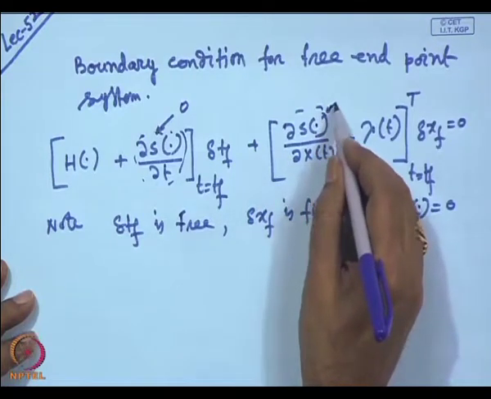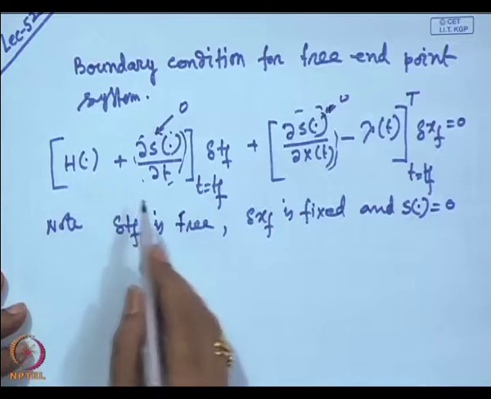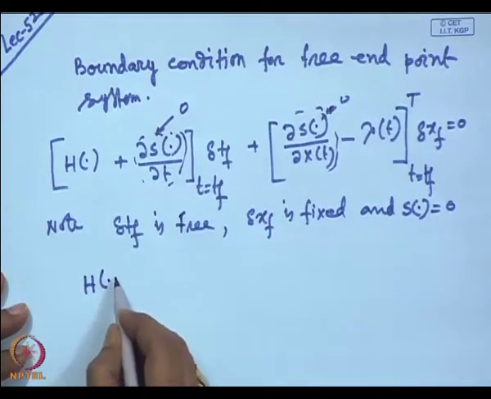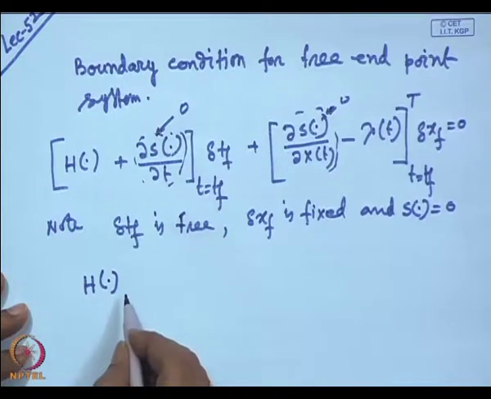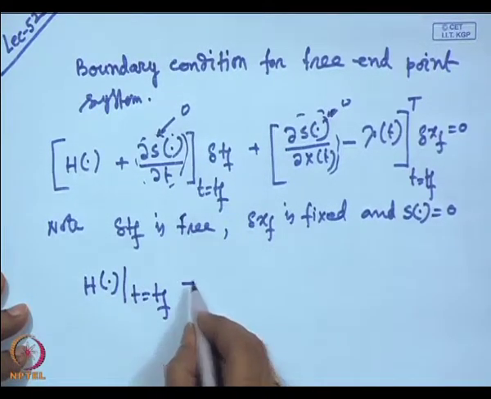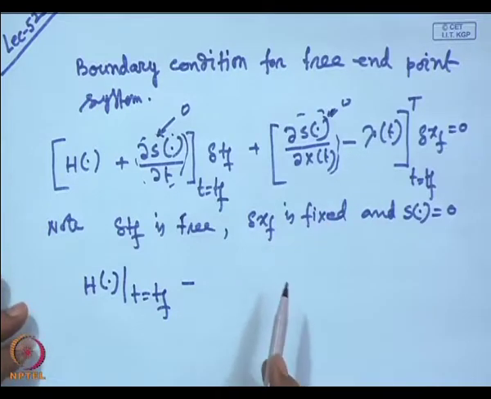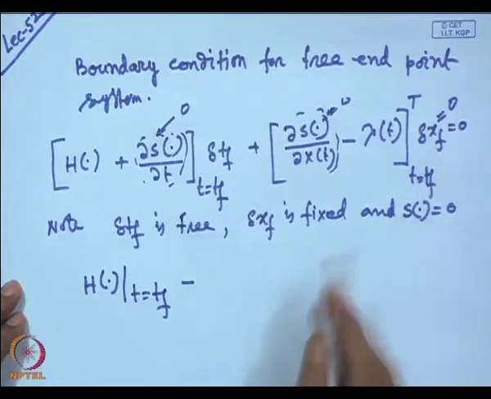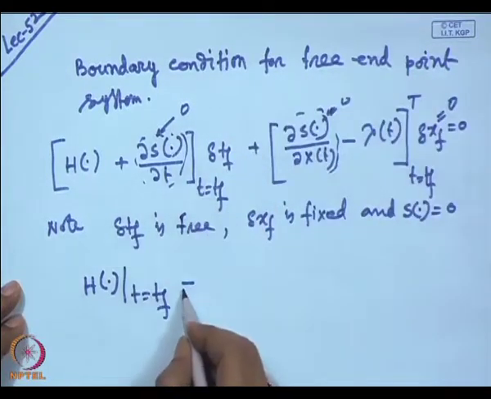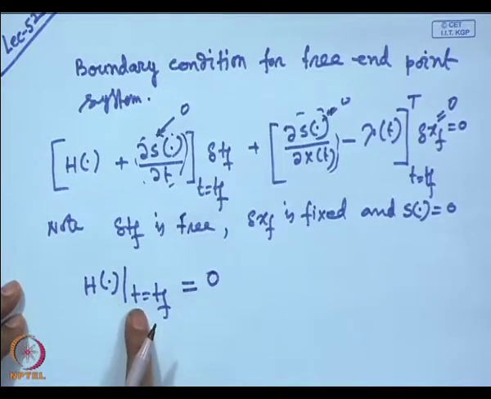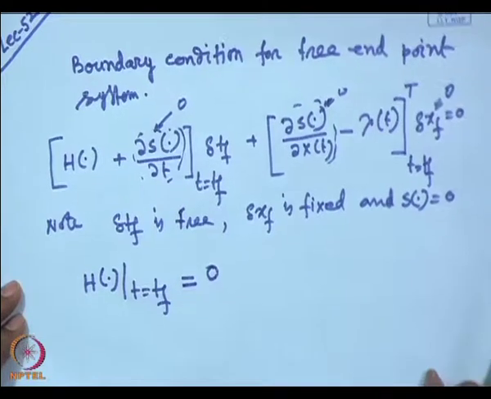We are left with h at t is equal to T f, plus the other term, which is 0, and this term delta x of t f is fixed. So, this term is 0, the whole term will not come into the picture. Then we will put in the Hamiltonian function and there we put t is equal to T f, that is the next step.